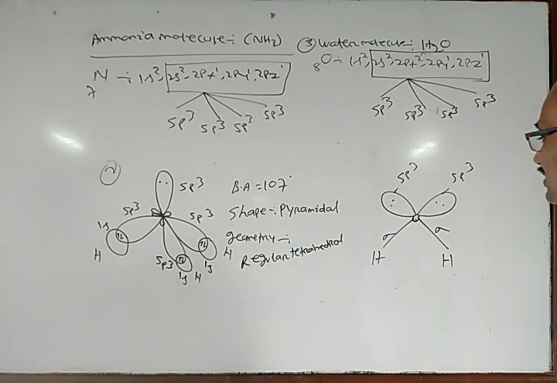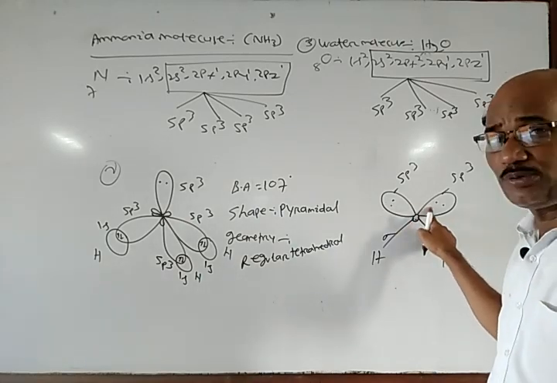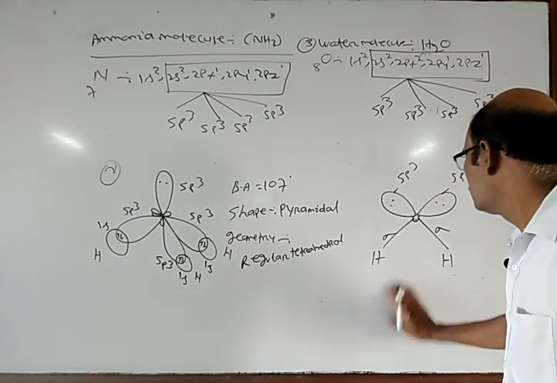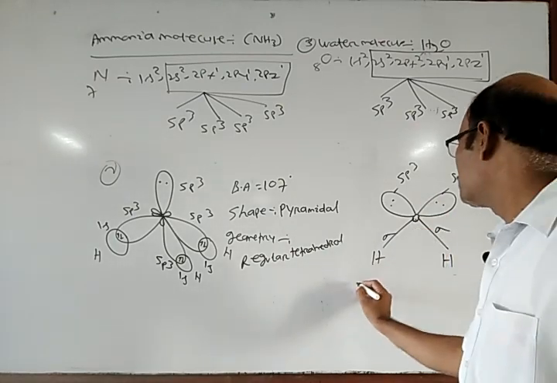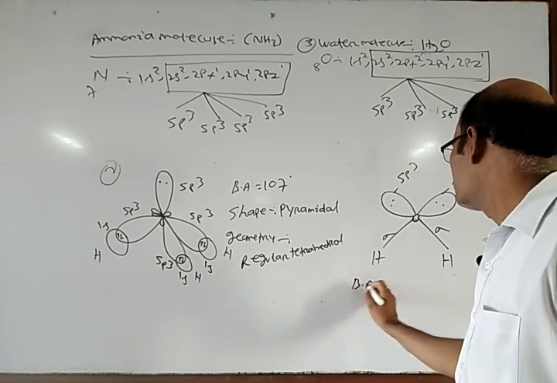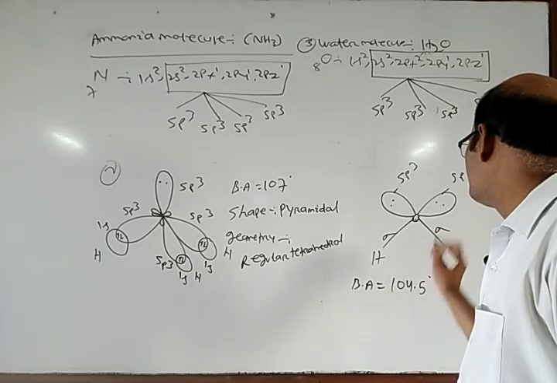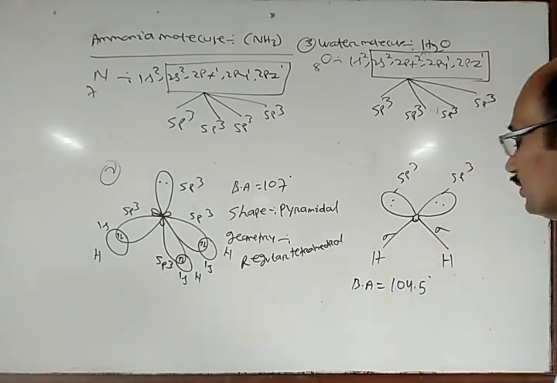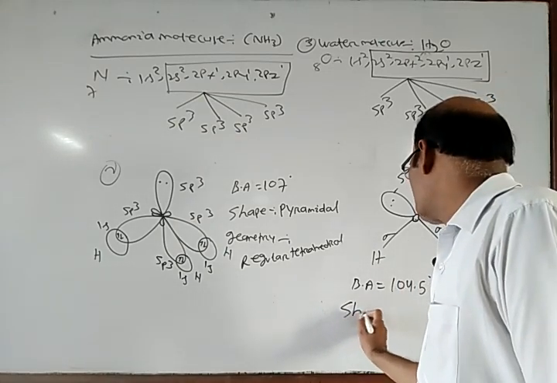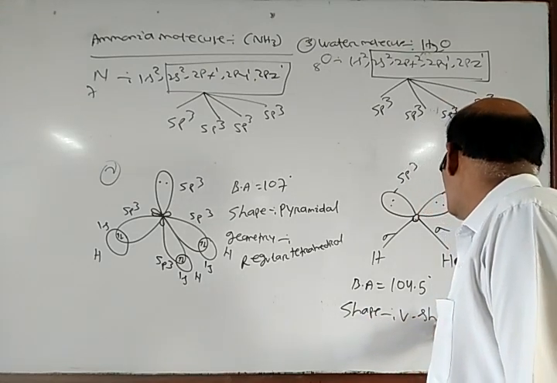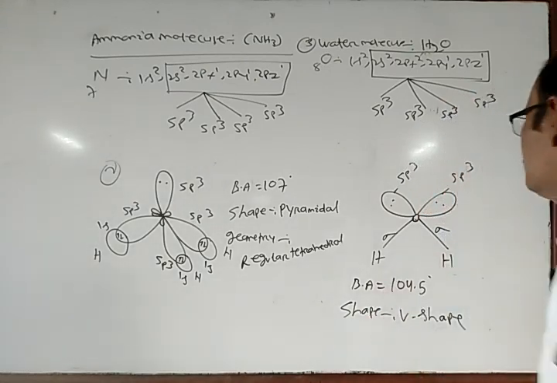So due to the presence of two lone pairs of electrons, the bond angle here becomes 104.5 degree, and the shape becomes V shape.